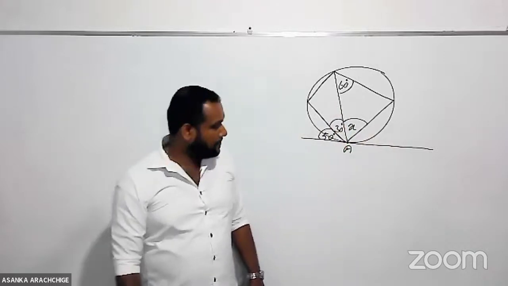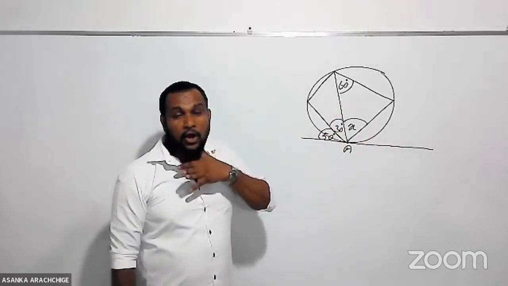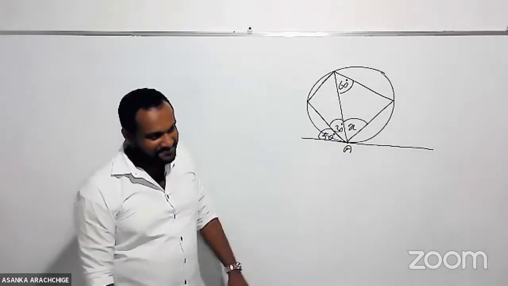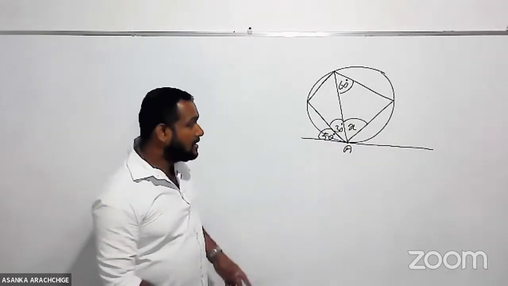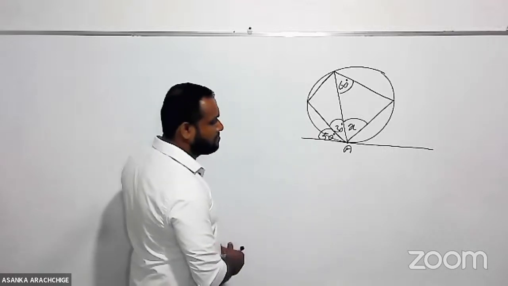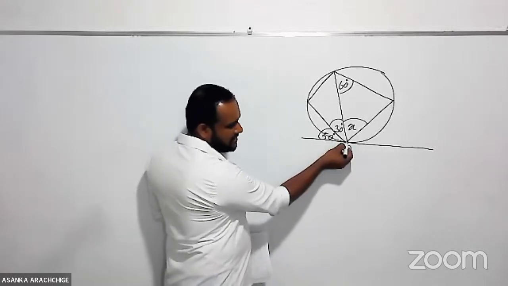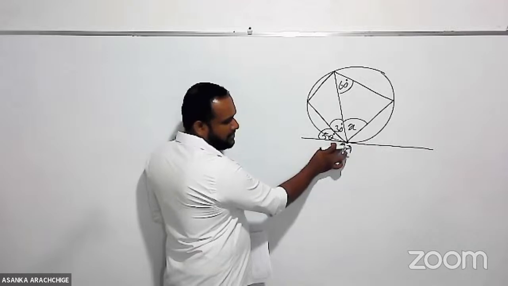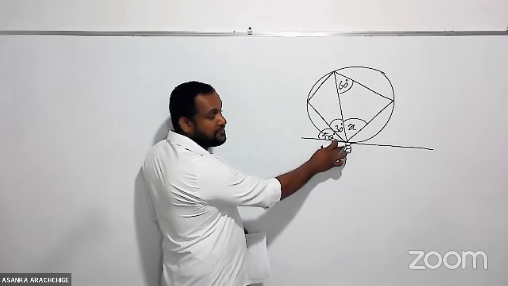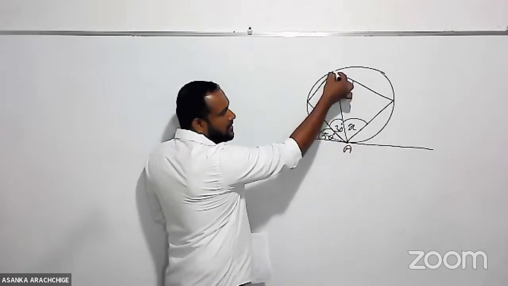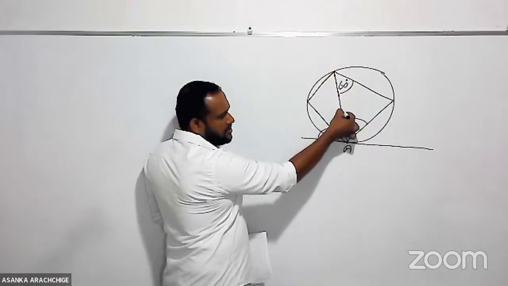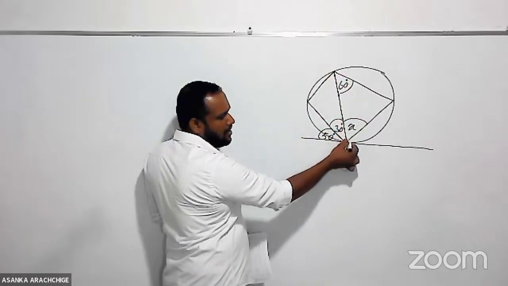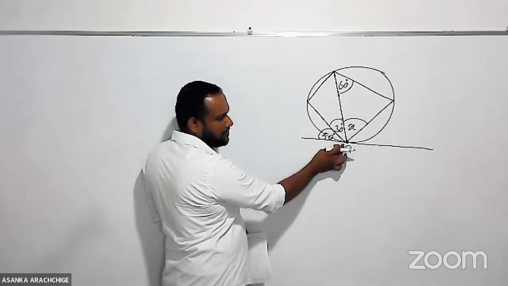The last one is the angle in the alternate segment. Angle in the alternate segment means, look, this is the touching point or the point of contact. This is one of the chords drawn at that touching point.